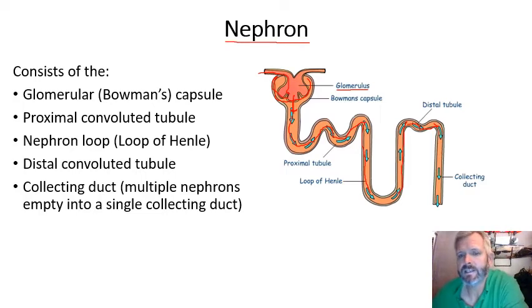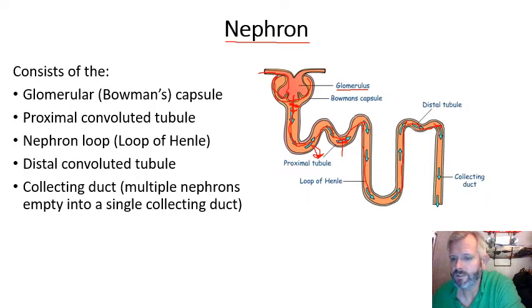But as I said, as we move through the tubules, the filtrate that we started with here is not the same as what ends up here, because along the way we are going to reabsorb. We're going to take stuff from the filtrate and bring it back into the blood, or we can take stuff from the blood and secrete it into the nephron.